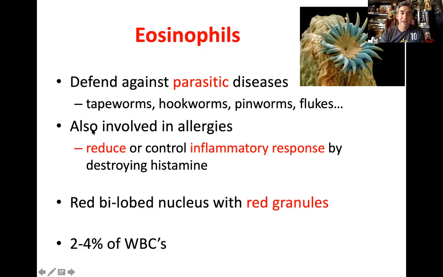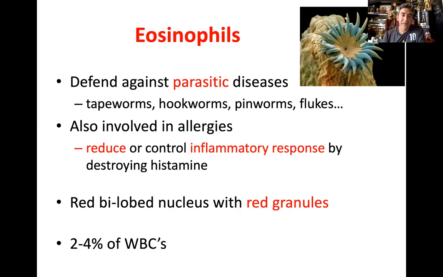They're also involved in allergies, in a good way. It's a little bit misleading: I should say they help diminish the allergic response. They reduce or control the inflammatory response by destroying histamine. And I'll talk about histamine in a bit.